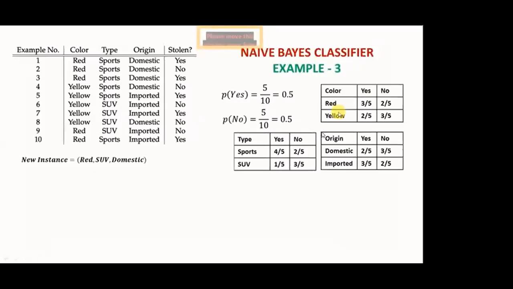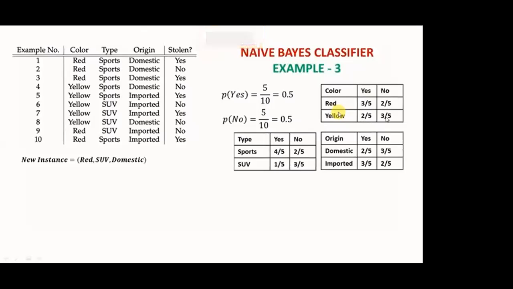For color, being red or yellow, 2 values are there. Red car stolen, 3 out of 5. Red car not stolen, 2 out of 5. Probability of yellow car being stolen, 2 by 5.